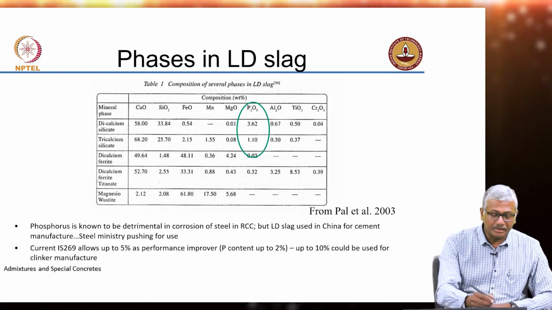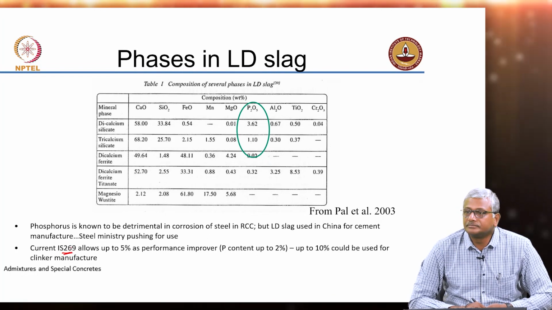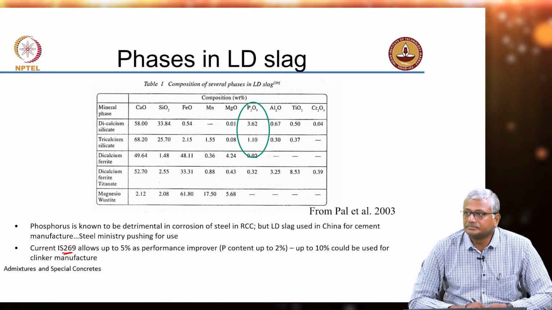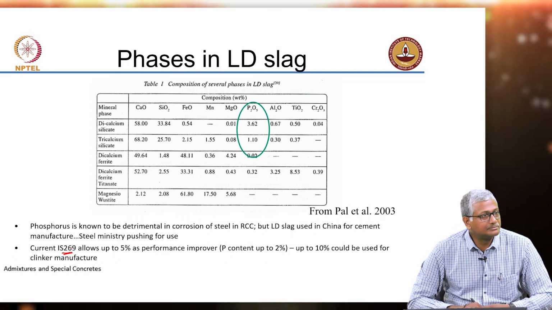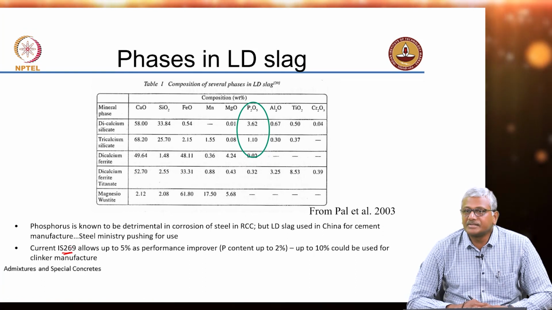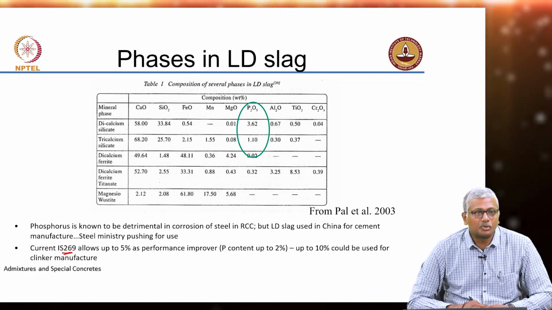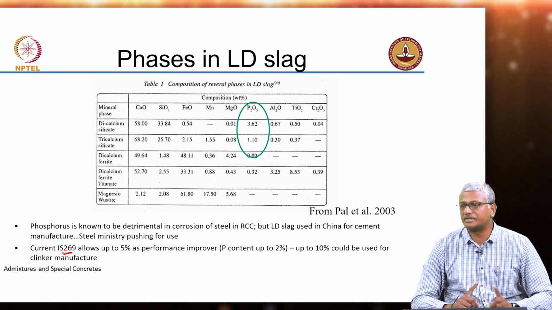Yeah, if you look at the current IS 269, what is IS 269? This is the standard for Portland cement. Now, there is only one standard. Earlier they used to have different standards for different grades of cement.